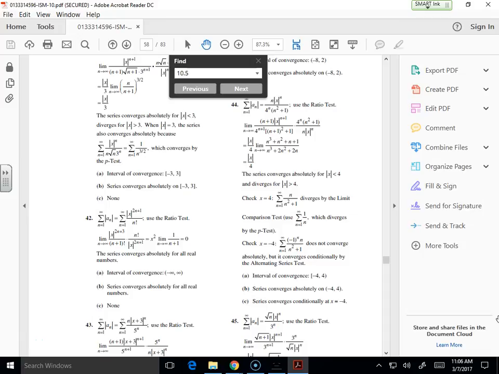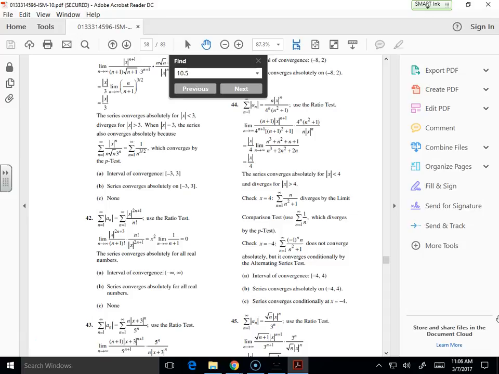Oh, there is an alternating sign. Hold on. Check at x equals -4. Oh, okay, they bring up conditionally and absolutely because when you check at x equals -4, checking the test points, it converges conditionally at -4. That makes sense, because it's an alternating series.